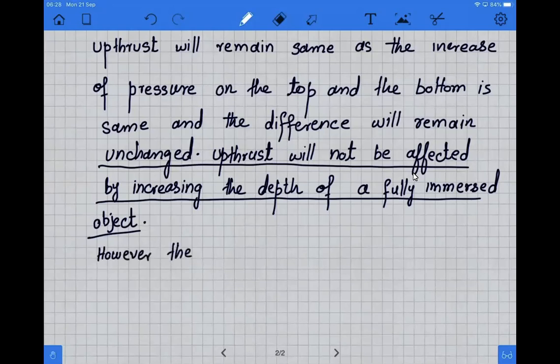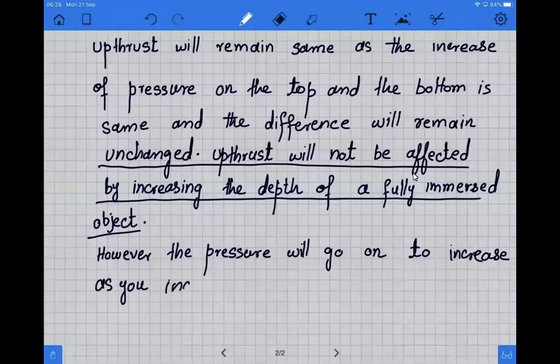However, the pressure will go on to increase as you increase the depth, as pressure is a scalar and it will not cancel out. So the pressure will go on to increase as you increase the depth.